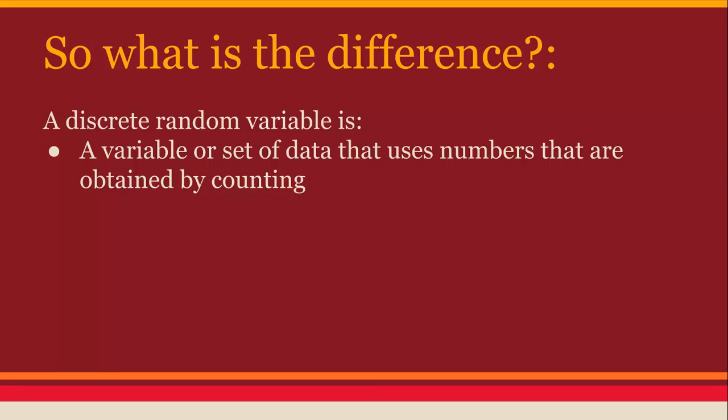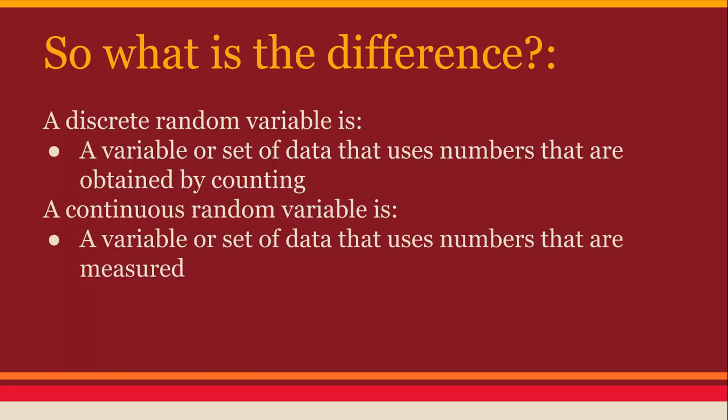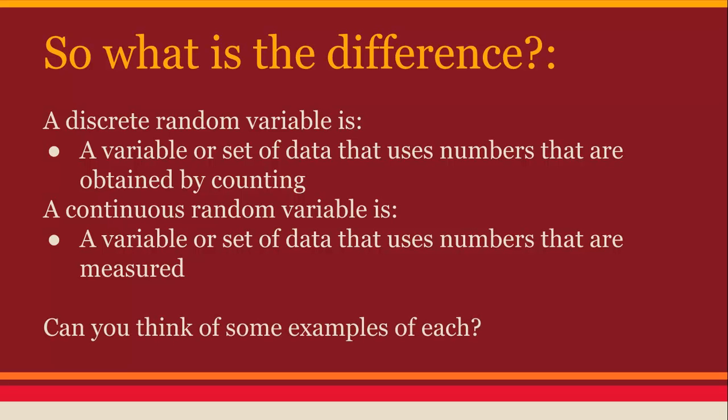Discrete numbers are obtained by counting, and a continuous variable is a variable where the numbers are obtained by measuring. So you're actually measuring variables. That's really how you tell the difference. Discrete data is counted. A continuous variable is measured. So can you think of some examples of each?